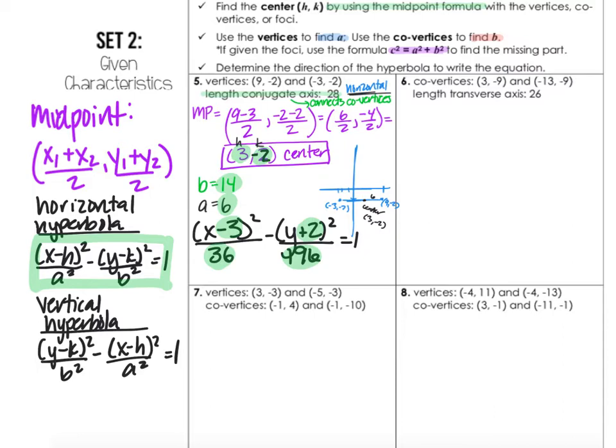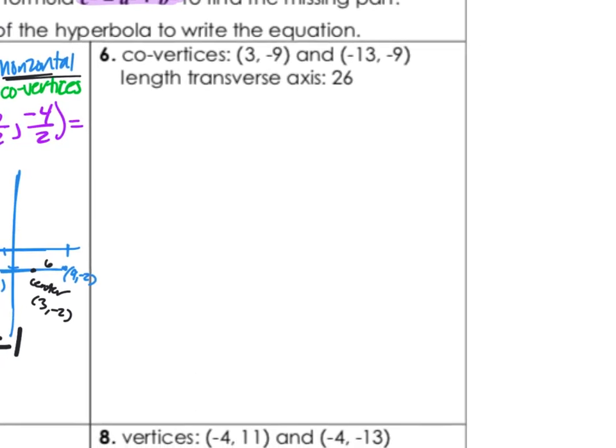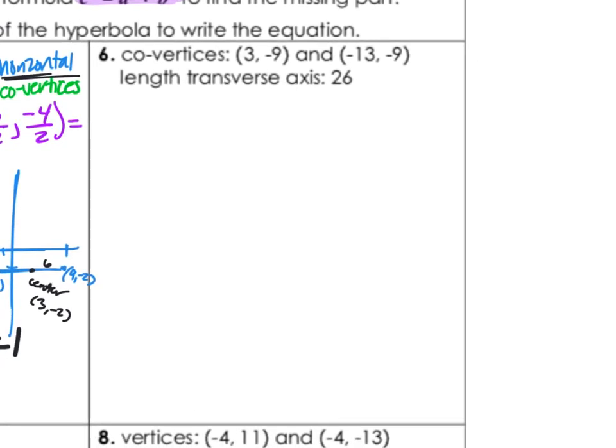All right, now let's take a look at example 6. So we start off the same way that we did the previous problem with the midpoint. And we find the midpoint by adding our x's, 3 plus negative 13 over 2, negative 9 plus negative 9 over 2.